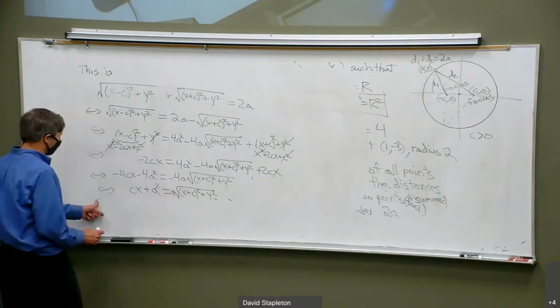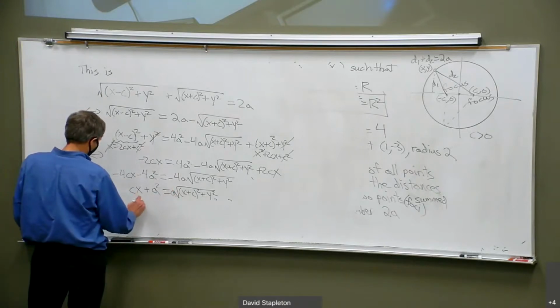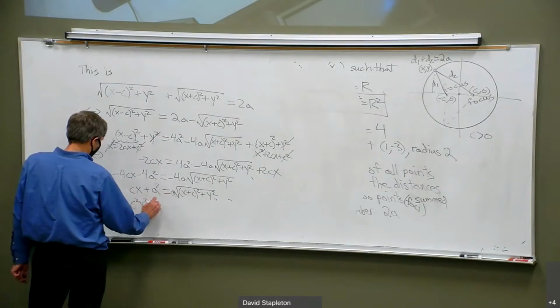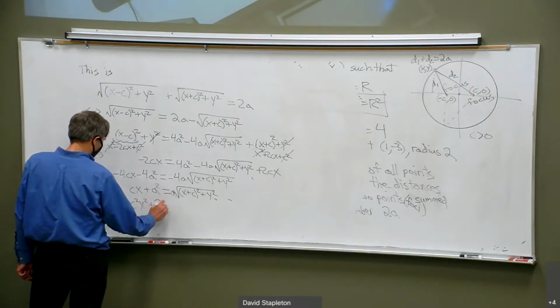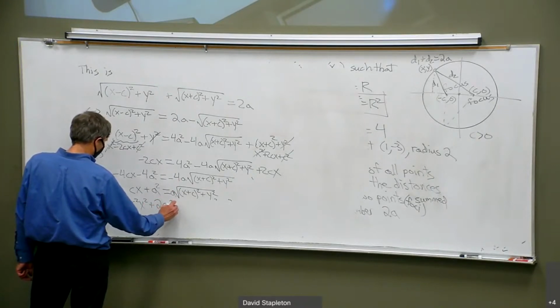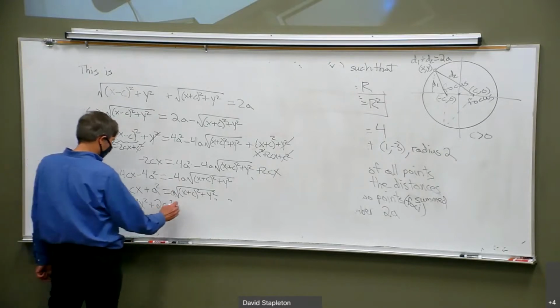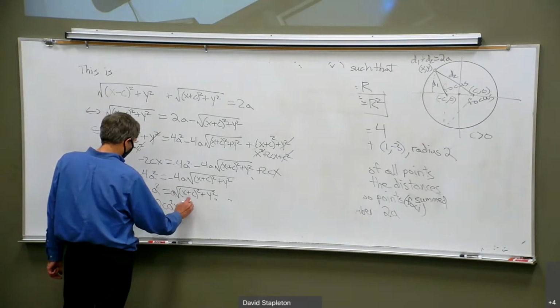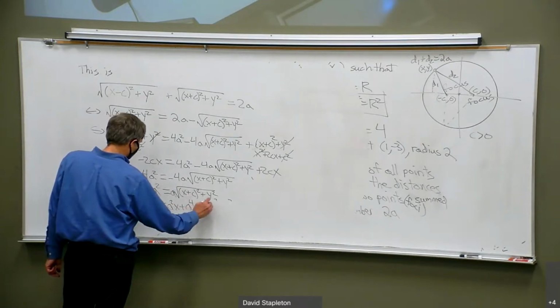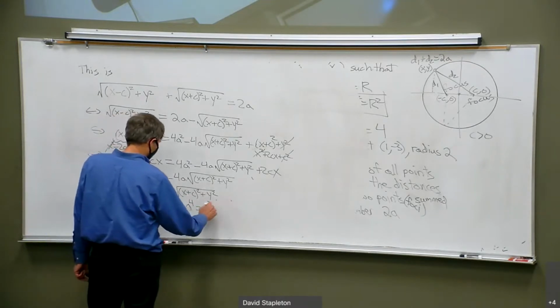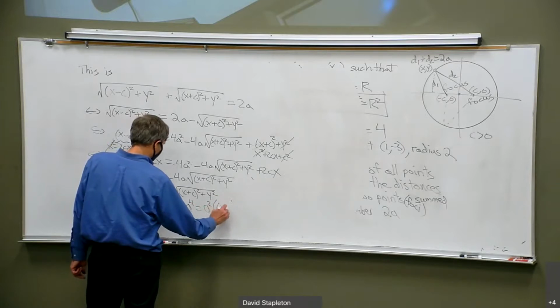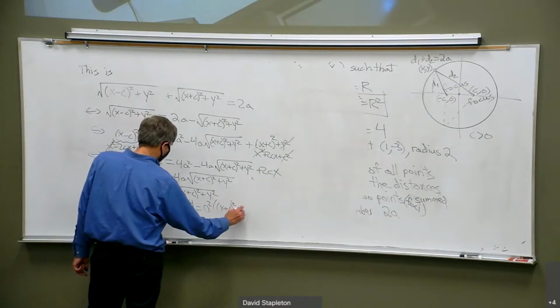Now I square this one, and I get c squared x squared plus 2ca squared x plus a to the 4th equals a squared times all this stuff, x plus c squared y squared.